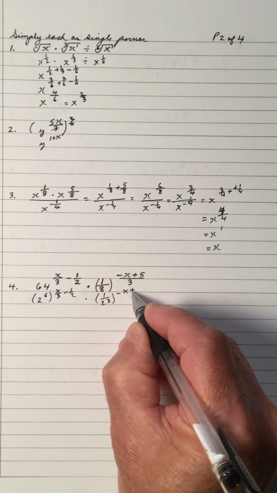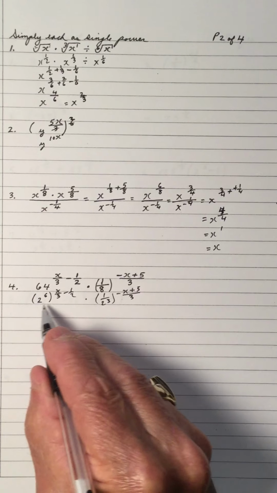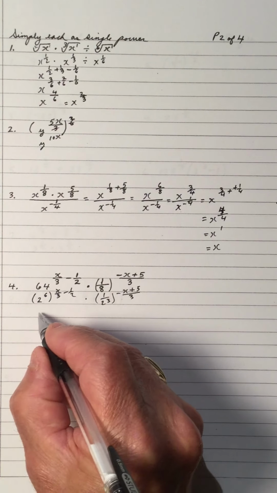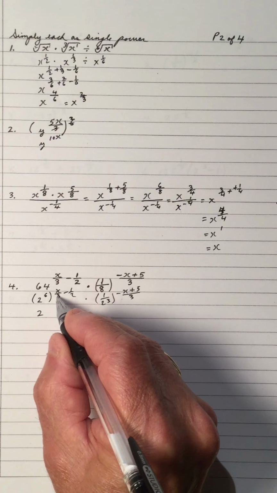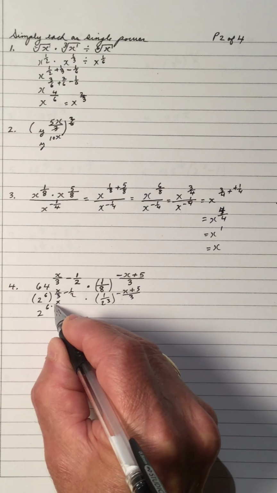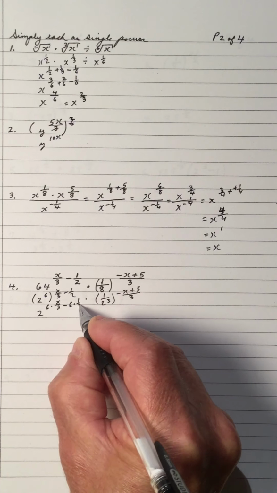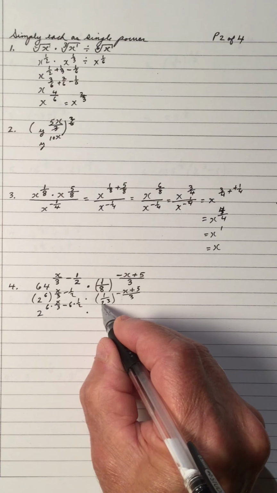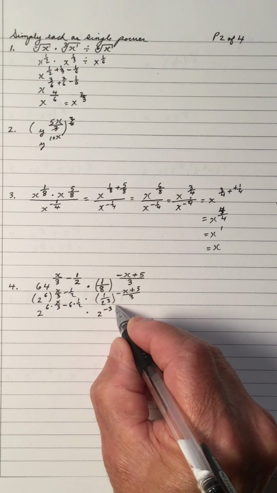So changing these, I now have a common base of 2, so we can handle it. So we're going to multiply 6 by x/3. So that's 6 times x/3. Subtract 6 times 1/2. And 1/2 cubed is 2 to the negative 3.